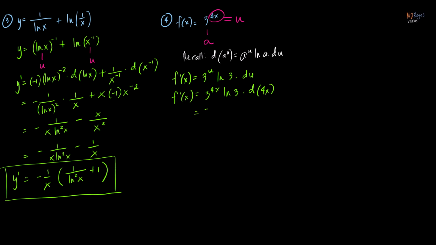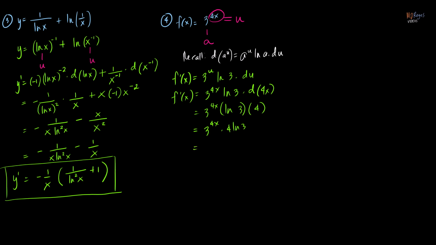It's just equal to 4. So 3 raised to 4x ln of 3 times 4. Okay, we don't multiply 3 and 4 because ln of 3 is the expression, and we cannot multiply that by 4. So what we'll have here is 3 to the 4x times 4 ln of 3. That's the correct way of writing it.